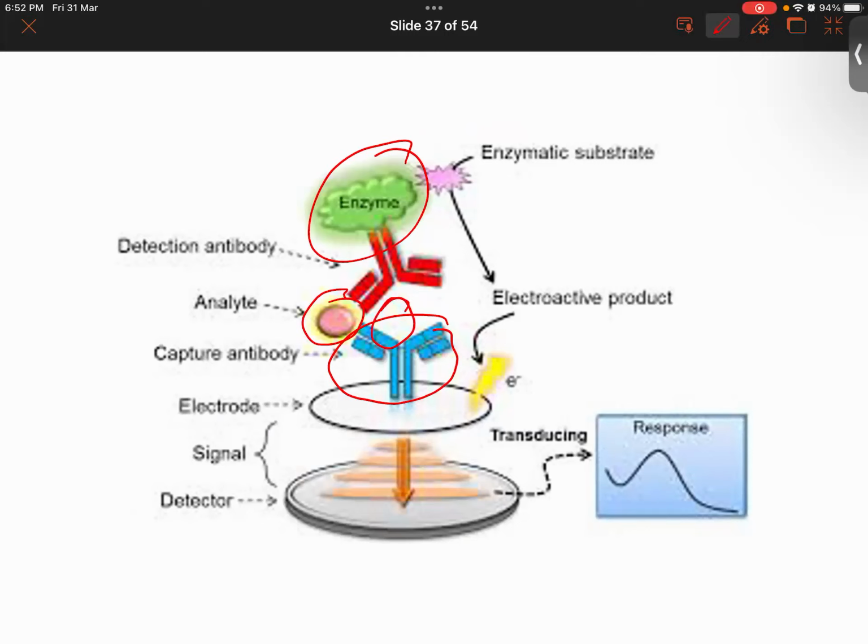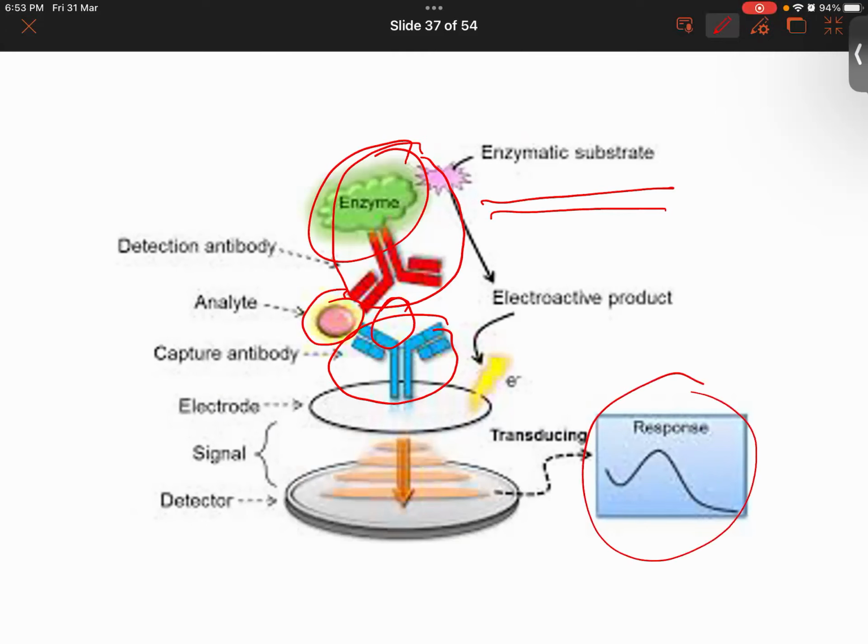And to know whether the interaction is there, you have to use label antibody. So in this case, the label is an enzyme. And enzyme is electroactive, so it will give out a current reading. So you get a response.